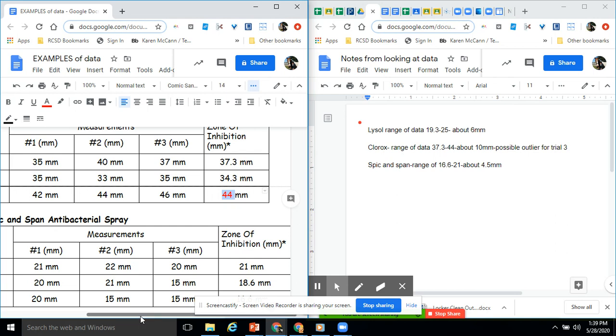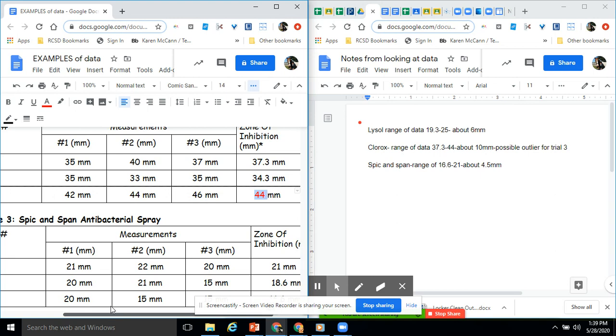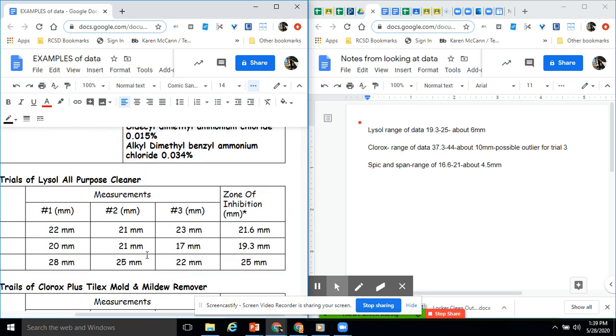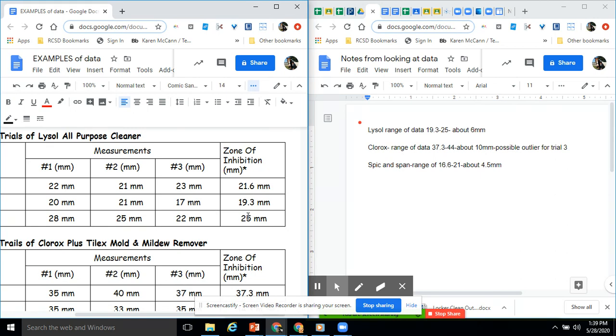You could do little notes on the side. Remember how you can do comments? So you can do little notes along the side for yourself if you feel you need to. And then don't forget this one. Remember, you could almost argue this might be an outlier, because it's a little bit higher. There's a little bit more of a difference between these two numbers. It's almost a 4 millimeter difference, where the difference between these two numbers is about 2 millimeters.